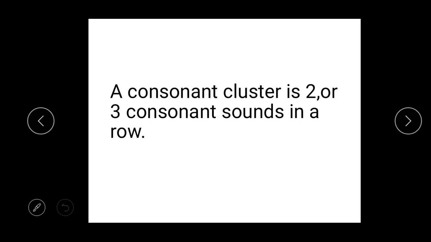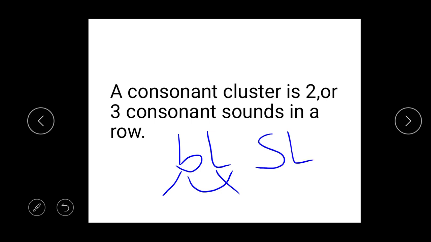Examples of two consonant sounds: you can have your b and your l put together, bl. So this is one, two. An example of three consonant sounds put together is str.